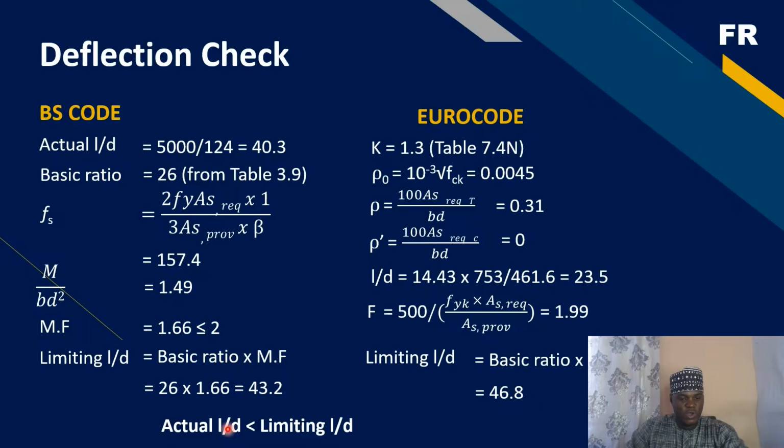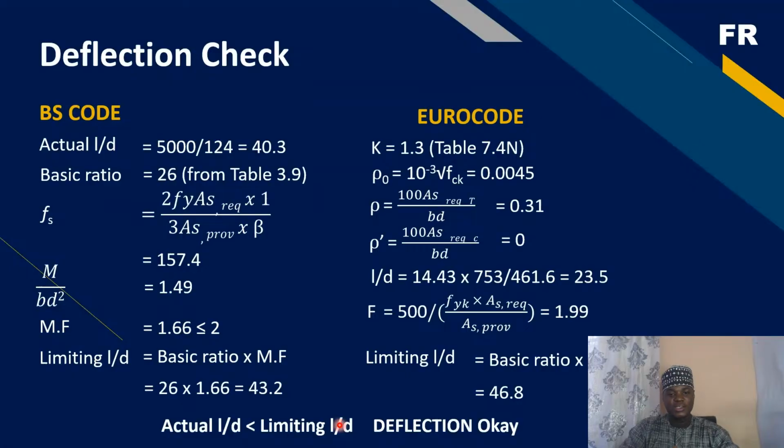So at the end of the day, we can say our deflection is okay. So in summary, based on this design, we can see that for the BS code, the required thickness of slab is 150, while the reinforcement we provide is T12 at 125.